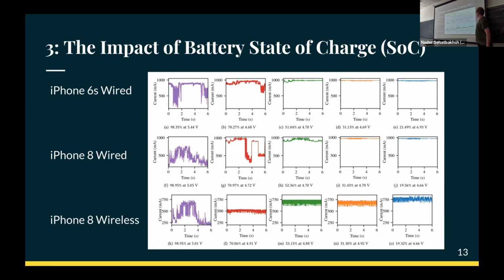Below a certain threshold for each phone, we're getting very little data, very little pattern in the current trace, just a very linear pattern. So one consideration for these models is that the state of charge needs to be very high. In most cases, above 80% was where it started to become useful for classifying this data.